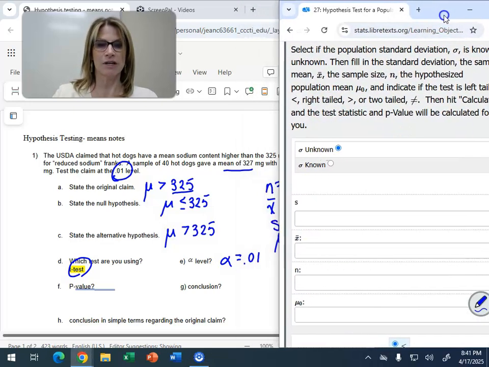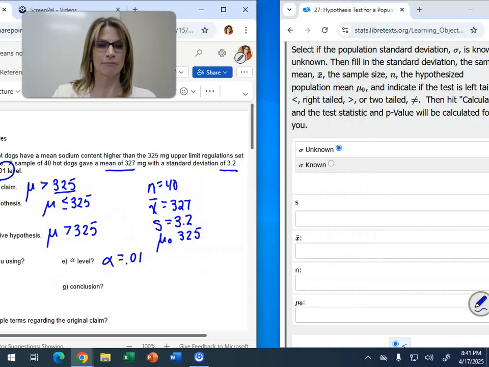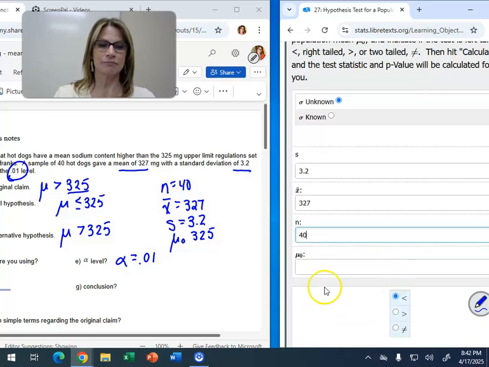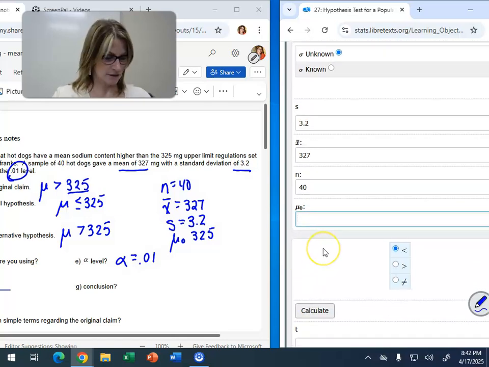Instead, what we know is the sample standard deviation of 3.2. We know the sample mean, 327 milligrams. We know the sample size of 40. We know the population mean that we are testing against, 325.